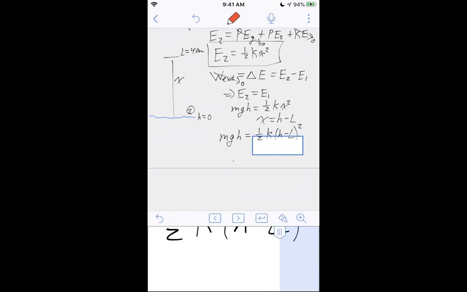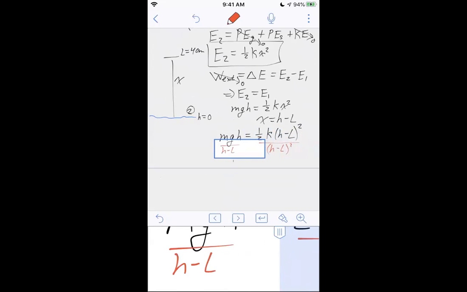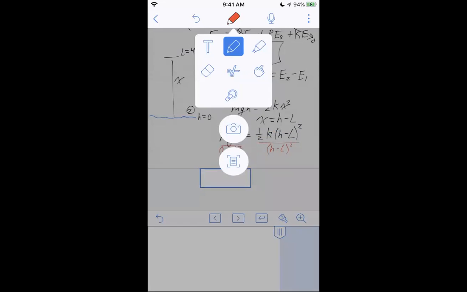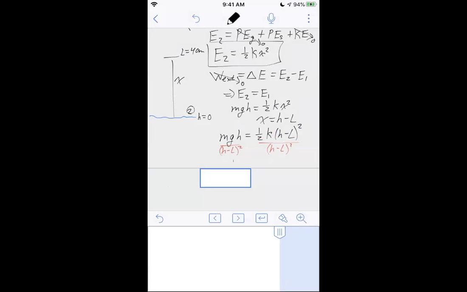So first I'll divide both sides by h minus L quantity squared. So the equation becomes mgh divided by (h minus L) quantity squared, and that's equal to 1/2 k.